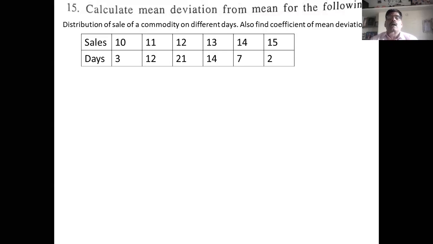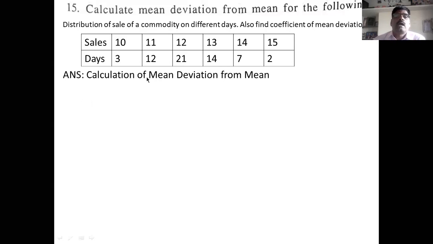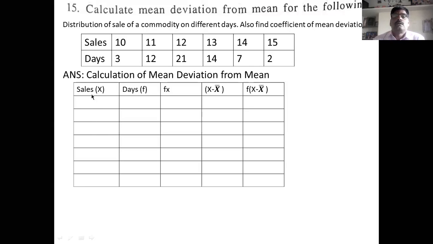Okay. I will prepare the table. You see the table. Calculation of mean deviation from mean. Sale value is called X. Days is called frequency. Then for arithmetic mean equation, summation Fx is required.